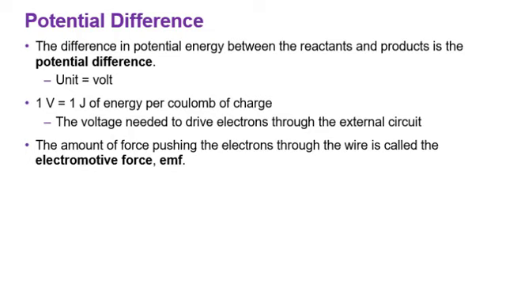That means that 1 volt will push 1 coulomb of charge with 1 joule of energy in electrochemical systems. We often refer to this as EMF, or electromotive force, even though it's not actually a force in the physics or classical sense. Think of it as a push that moves electrons through a circuit from the anode to the cathode.